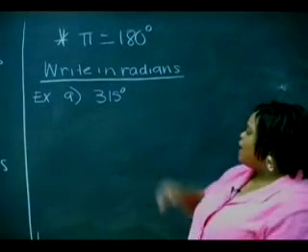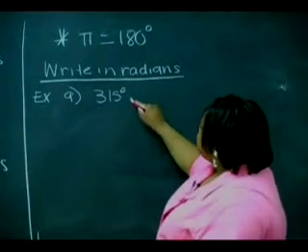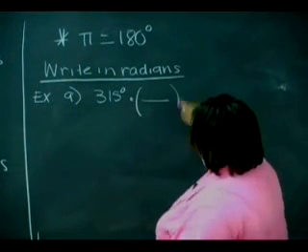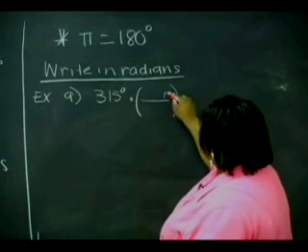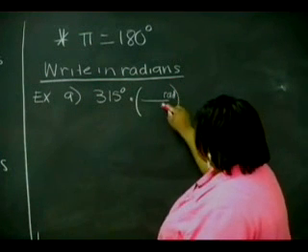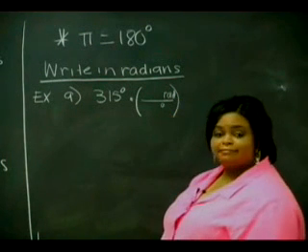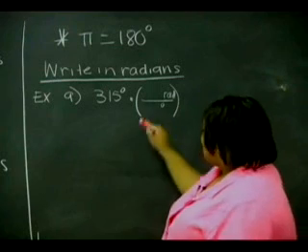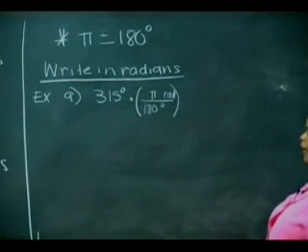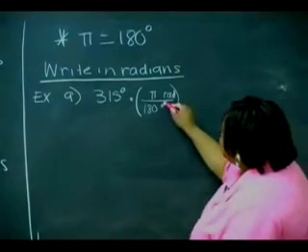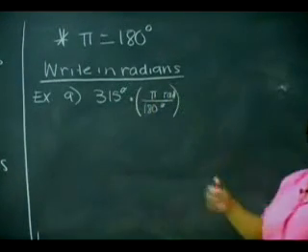Because I want radians, which means I need to multiply this by something where my radians is in the numerator and my degree measure is in the denominator, right? So I know that my 180 and my pi are there, and my degrees would cancel out, and I have my radians.